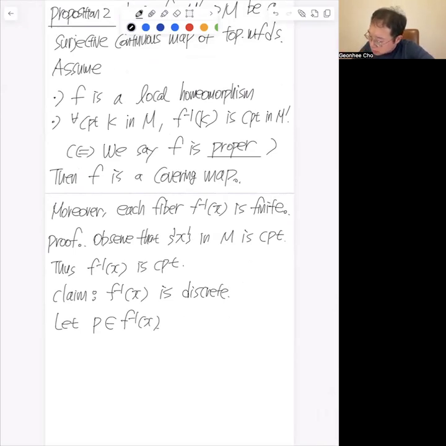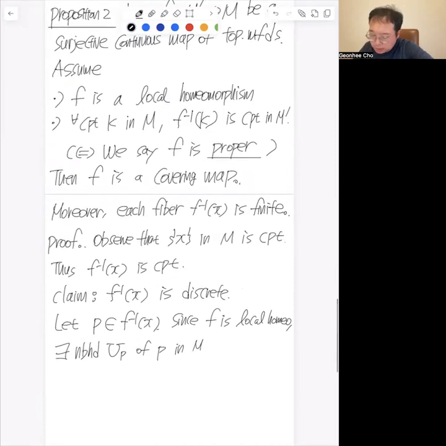By using that condition, since F is a local homeomorphism, we are able to find a small neighborhood U of P in M' such that if we restrict this function to U, from this open set to the image, this is a homeomorphism.